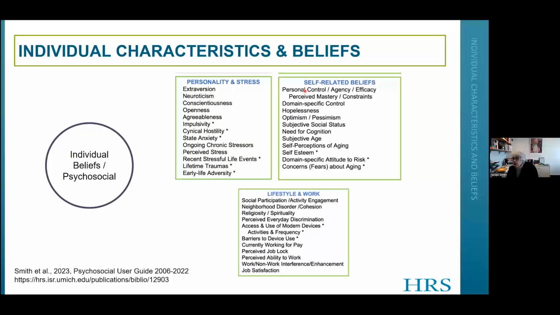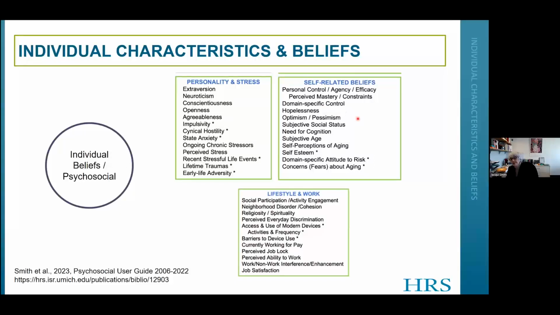It's a feeling that you have control over your life, or a sense of agency or self-efficacy. Also in different domains of life. So do you have control over your health, your wealth, your work, your finances, your social relationships, versus a sense of hopelessness? I don't have that sort of control.